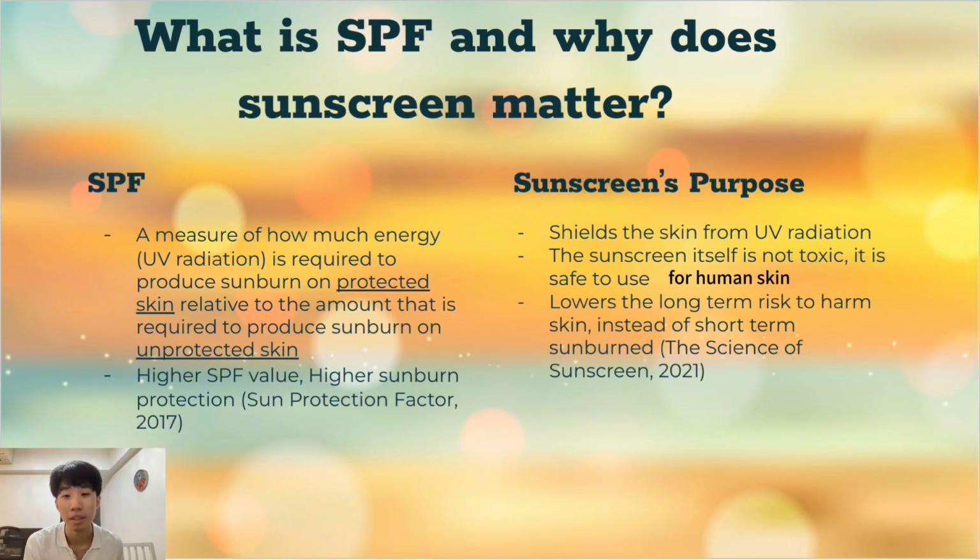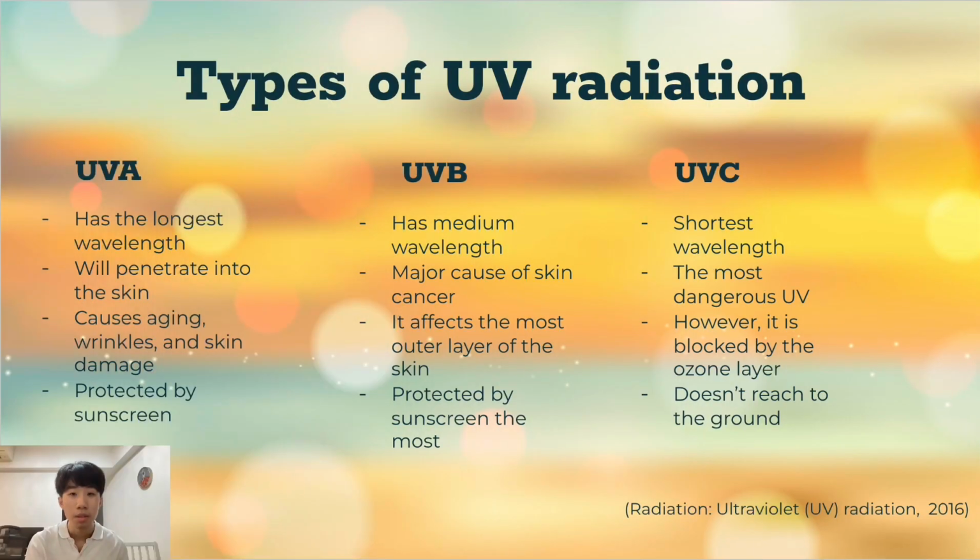Also, the major thing that it can do is lower the long-term risk of harm to skin instead of just short-term sunburn. Sunscreen does not only block one type of UV radiation, instead it blocks two types, which are UVA and UVB. UVA has the longest wavelength and it will penetrate into our skin, causing aging, wrinkles, and a lot of different damage to our skin, and it is protected against by sunscreen.